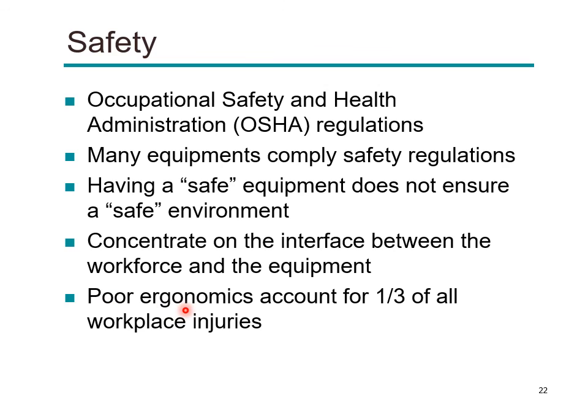Poor ergonomics account for 1/3 of all workplace injuries. So 1/3, it's a huge number, and this number is a result of only poor ergonomics. So you need to think about this while selecting and designing the material handling system.